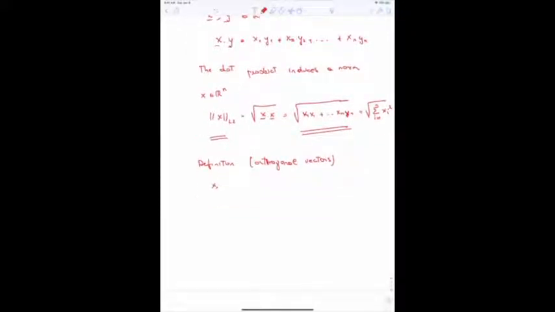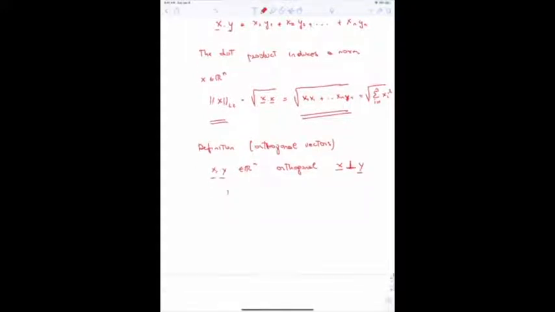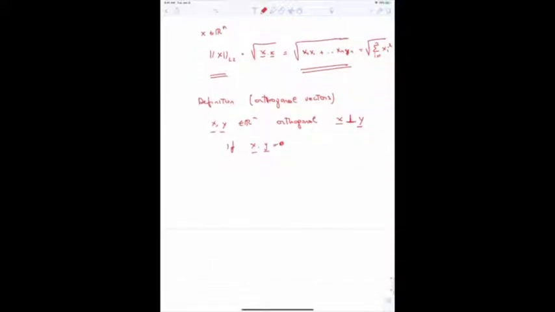So if you have x and y in Rn, we generally say x is orthogonal to y if the dot product is equal to 0. In R2, it's the typical definition of orthogonal vectors.